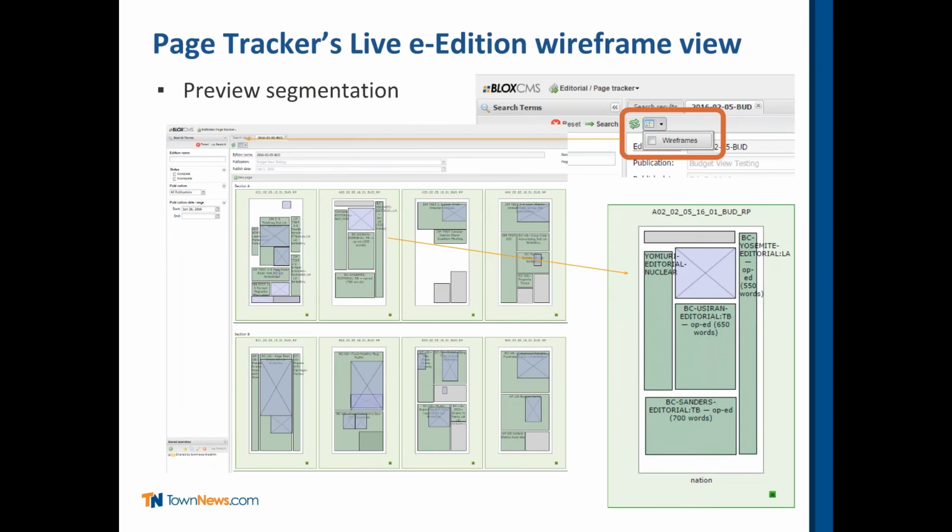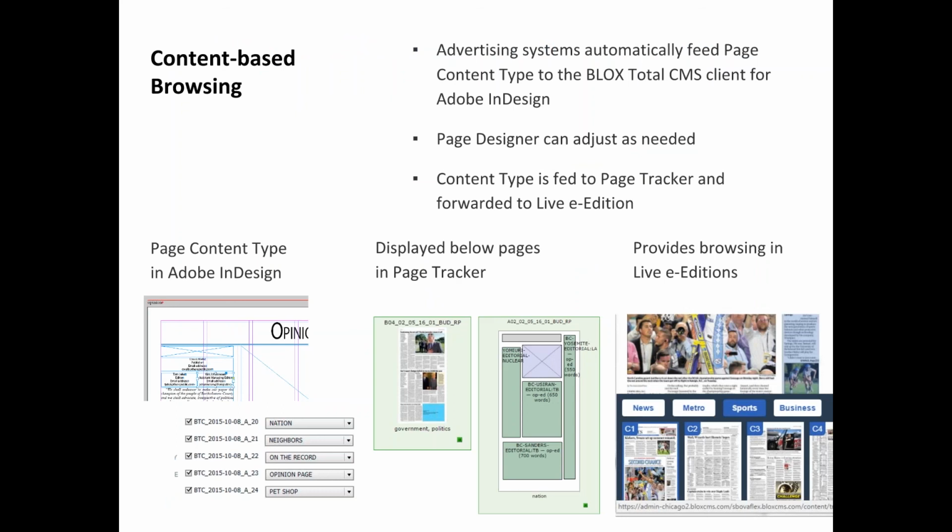And one of the things that we are doing in BLOX Total CMS to make it easier for the Live e-edition user to browse and find the content that you want is we've supported for quite some time now something known as page content types in the BLOX Total CMS client.